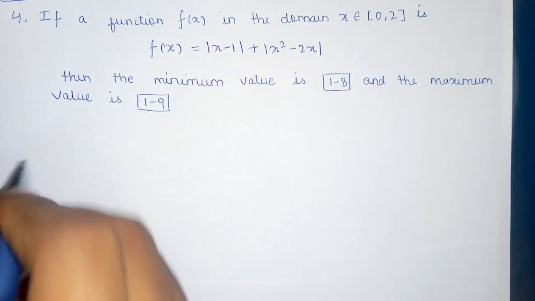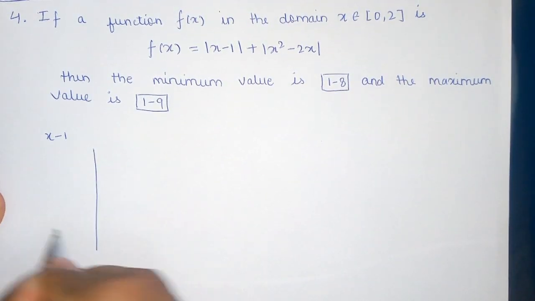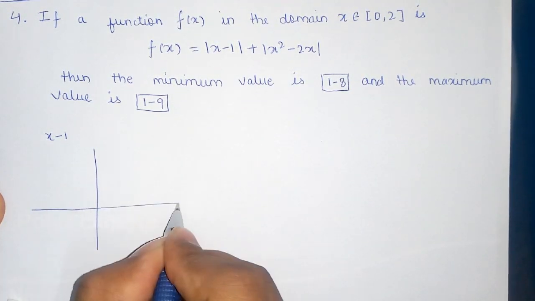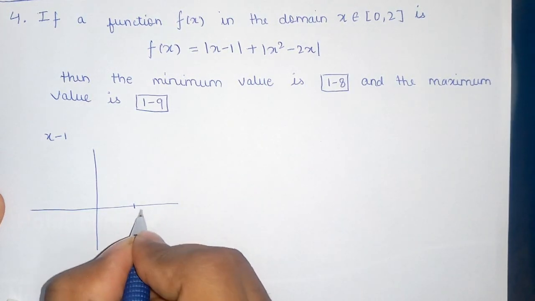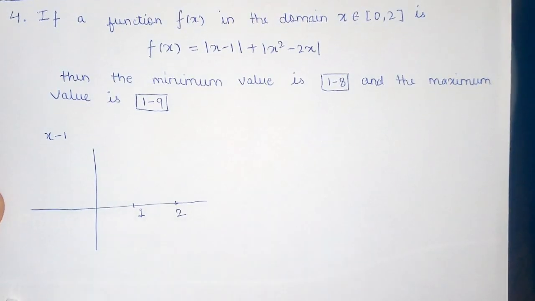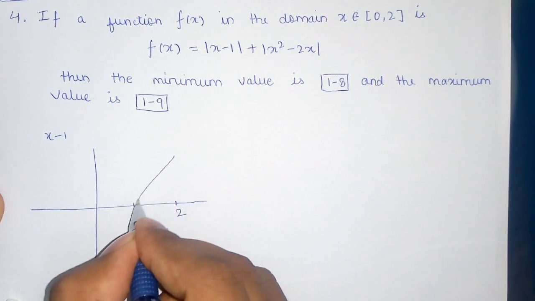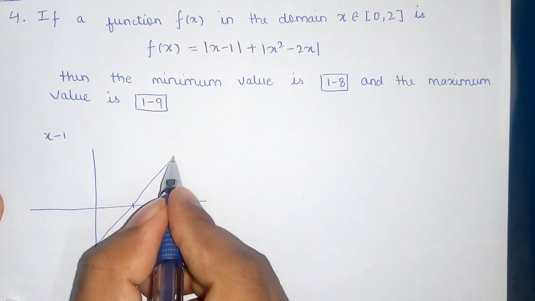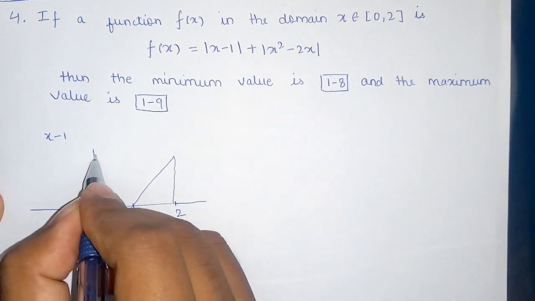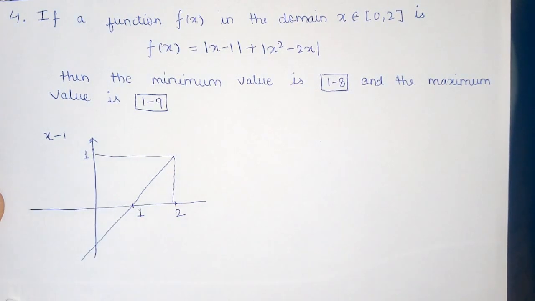So first let's see what is x minus 1. If you plot this, this is 1, from 0, 2, this is 2. So x minus 1 is a function like this, and at 2 the y-axis is 1.